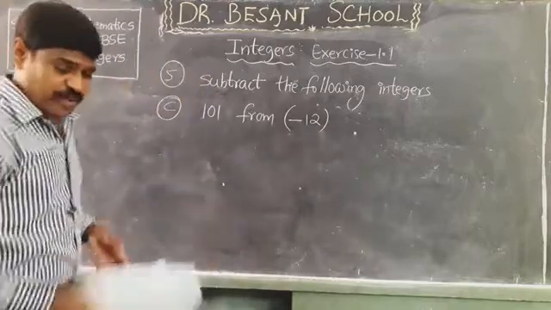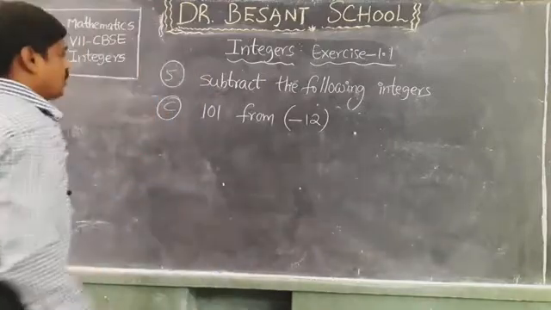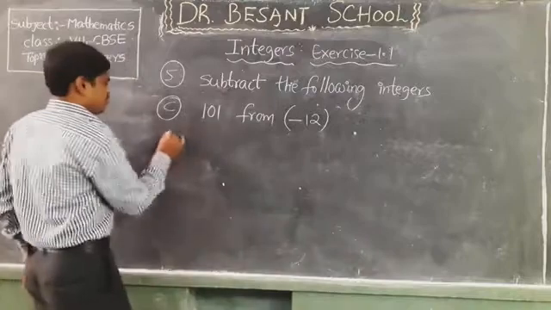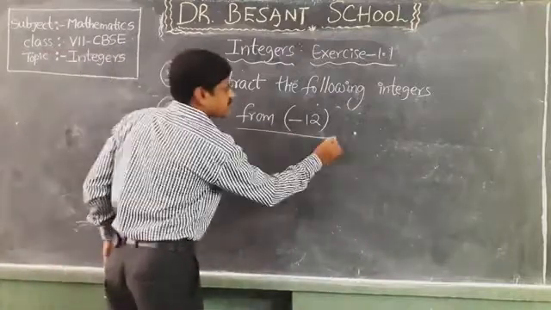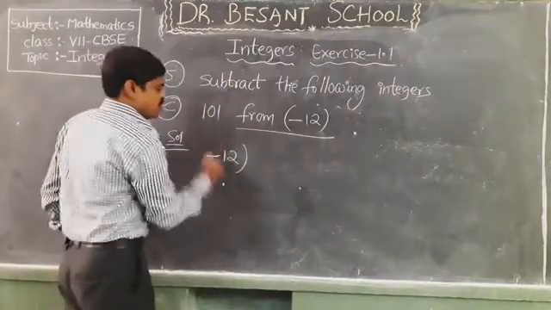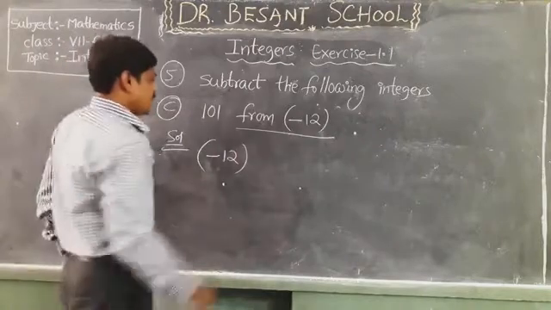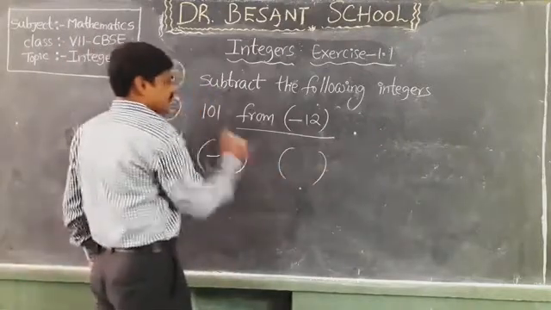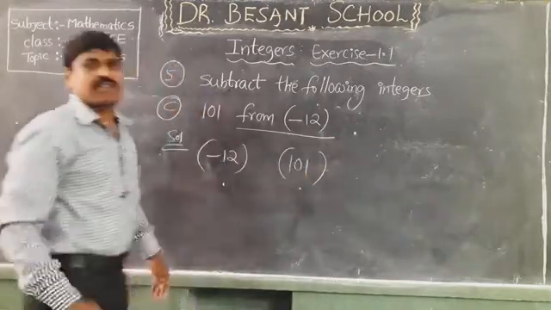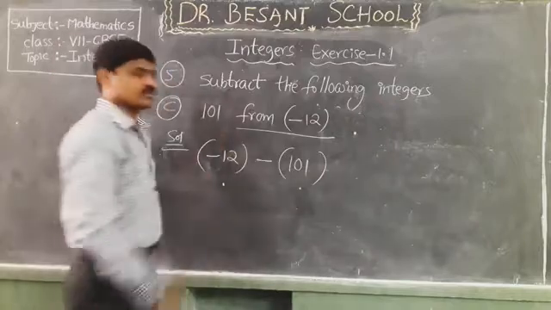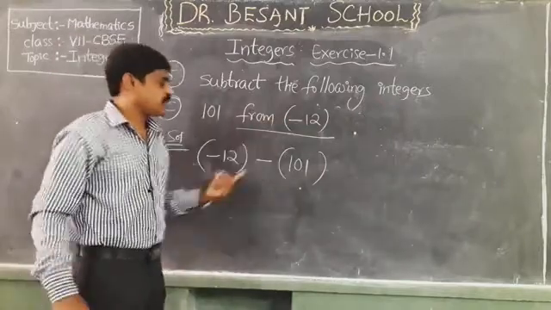So from -12, we have to write -12 first. Next, what do we have to subtract? 101 we have to subtract. So this is from -12, in bracket.